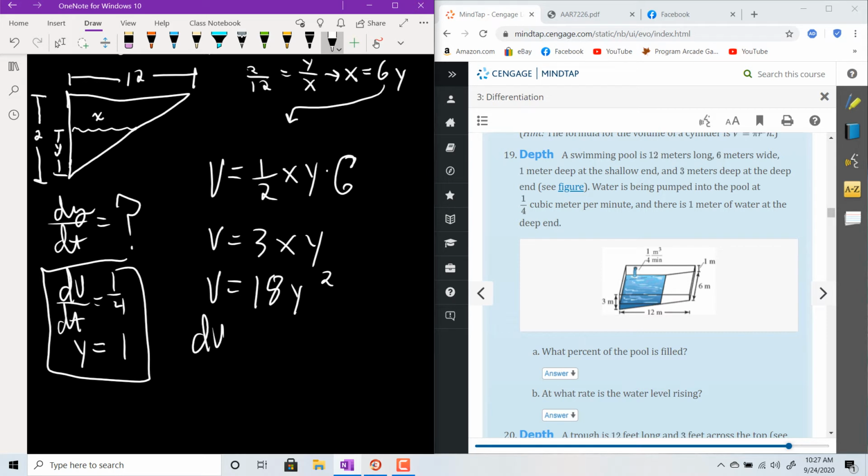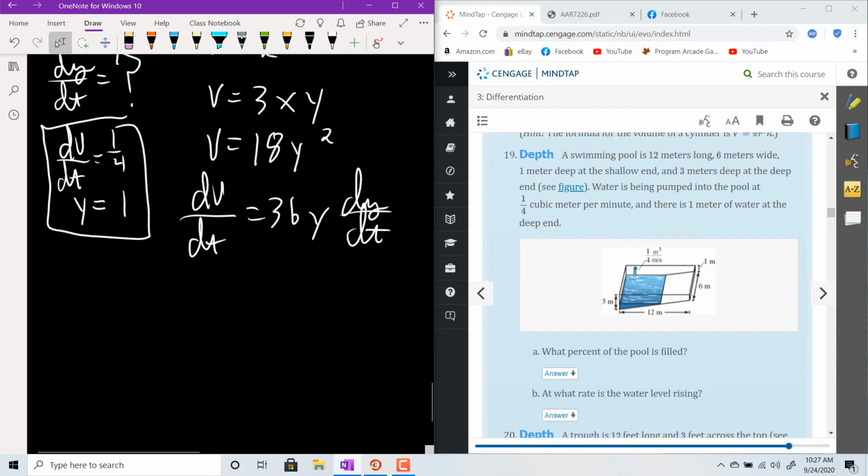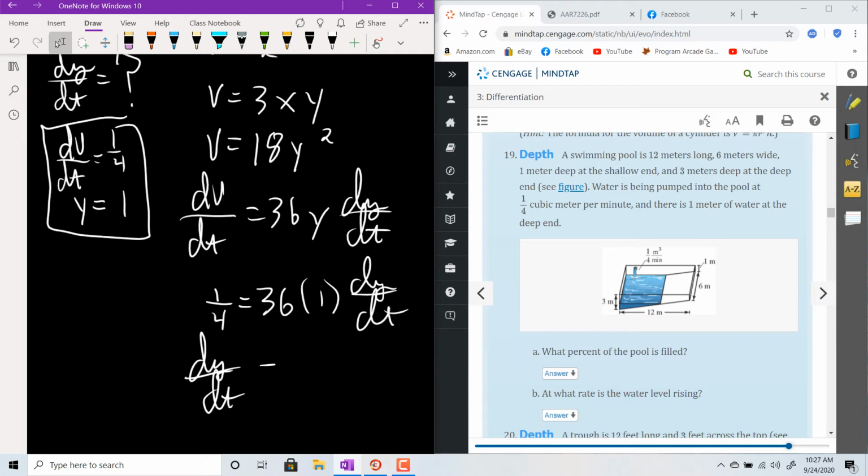And then we can do our derivatives, which is 36y times dy over dt. Then we can do our substitutions and solve out for dy over dt if you wish. So this will be 1/4 equals 36 times 1 times dy over dt, and then dy over dt will be 1 over 144. What are the units? Meters per minute.